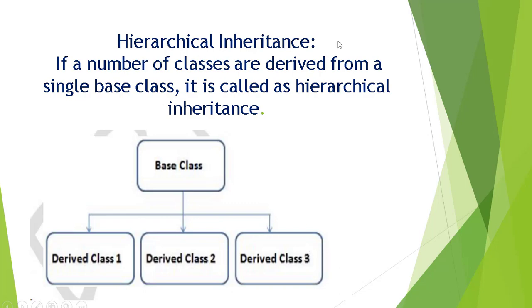For example, college is the base class, and from the college you can derive second com A, second com B, second com C. So if there is only one base class and you are deriving many derived classes, it is called hierarchical inheritance.